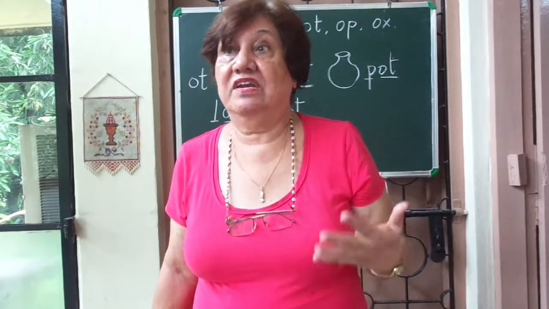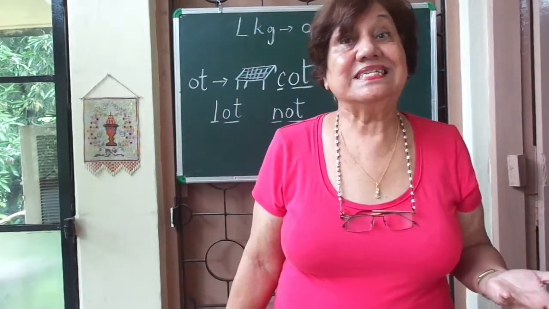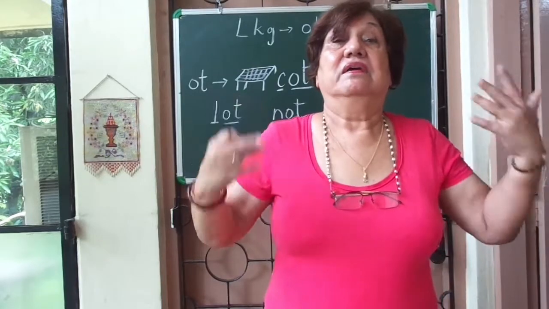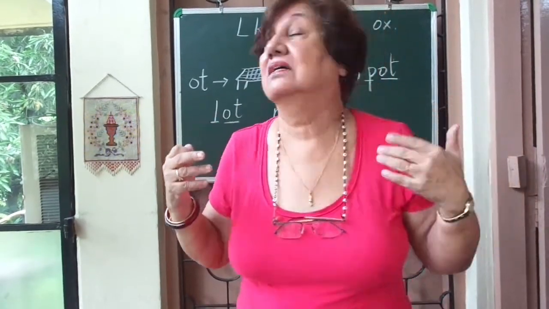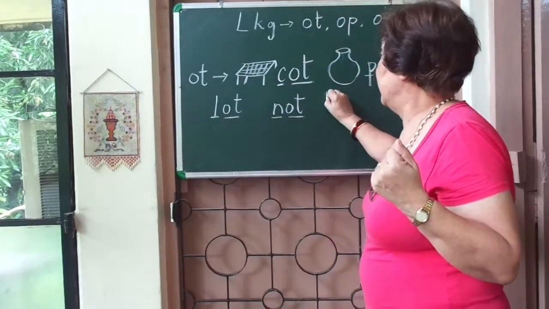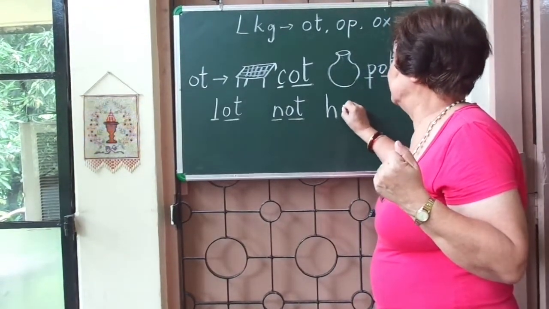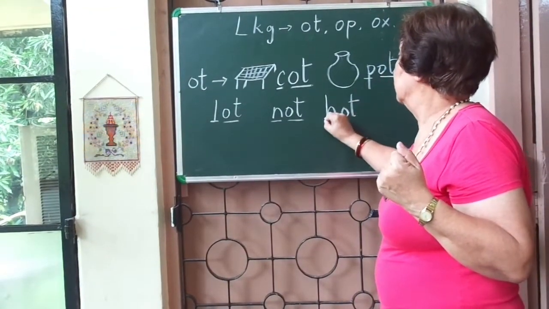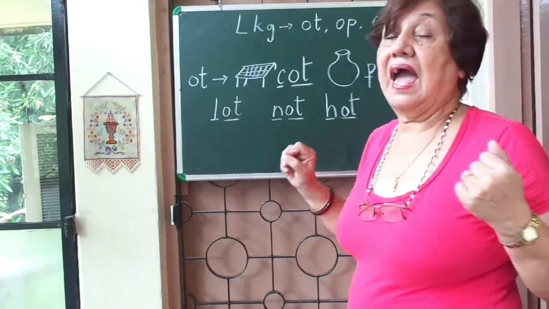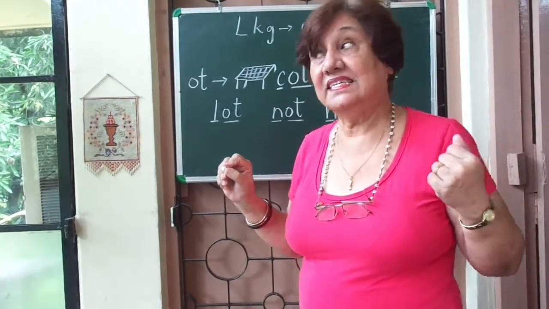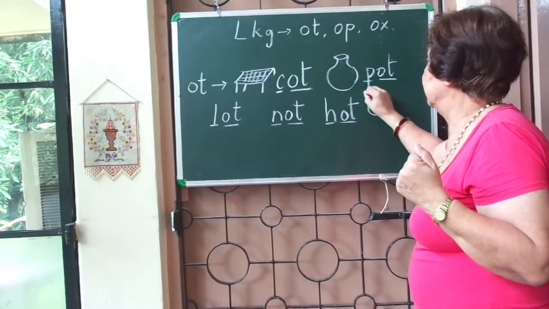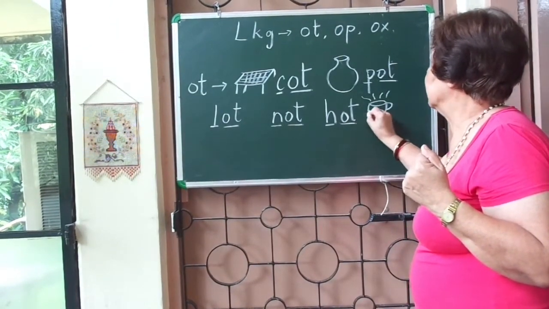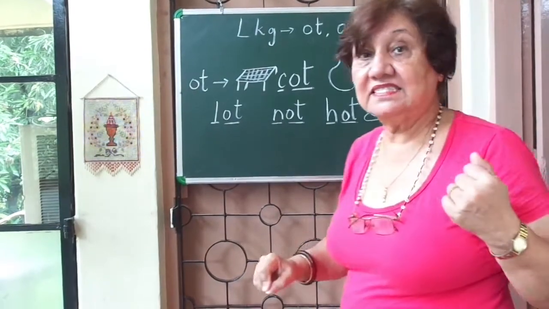Now let's think of another word. In summer, how do we feel? We feel very hot. Hot. Who says hot? H says hot. And O-T is ot. H, ot. And when the tea is put in a cup and it is very hot, can your mummy drink that tea?